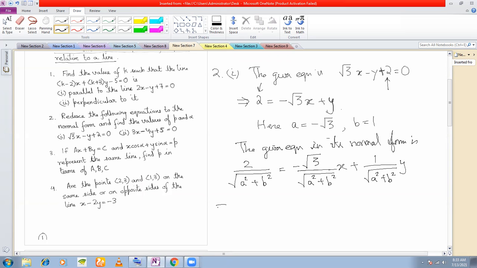Okay. A here is minus root 3 and b here is 1.